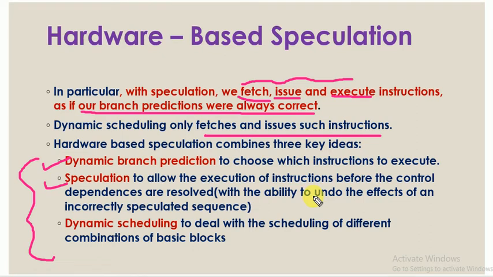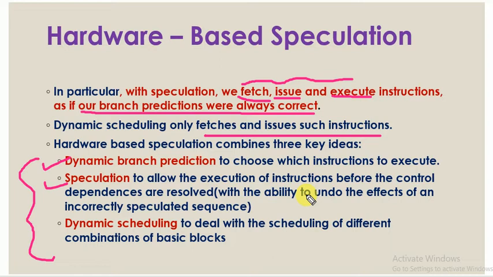We don't know what will happen with the real control operation or branching statement, so before that we are just making a speculation on how it will behave, whether it will be branched or not. We simply assume that the branch will behave in this way and continue with the steps related to that branch. It may be wrong later, but we assume it will work as our guesses say.